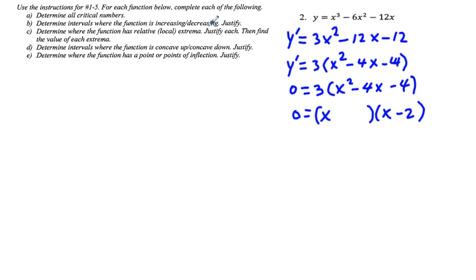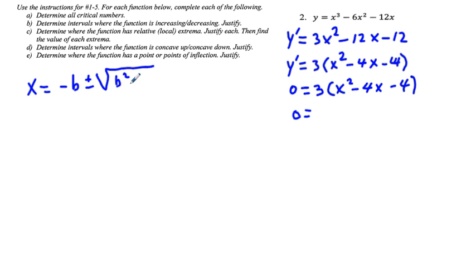So let's go ahead and apply the quadratic formula. x equals -b plus or minus the square root of b squared minus 4ac, over 2a. Okay, a is 1, b is -4.